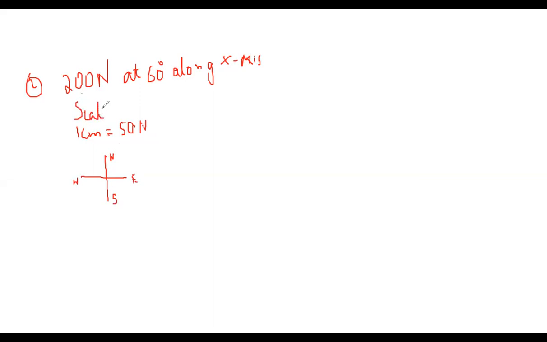These two things must be mentioned on paper, then start the rest of the working. According to this scale, you need a 4 centimeter line for 200 Newton.